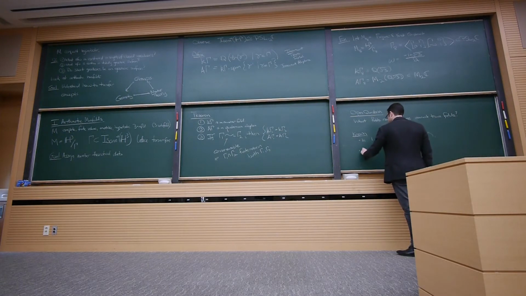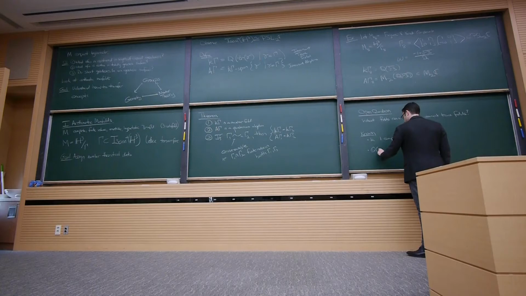But also you can get things like Q adjoin a whole bunch of square roots.